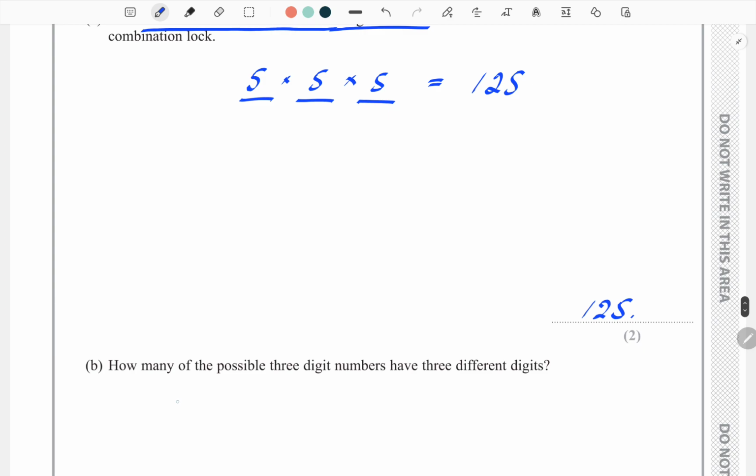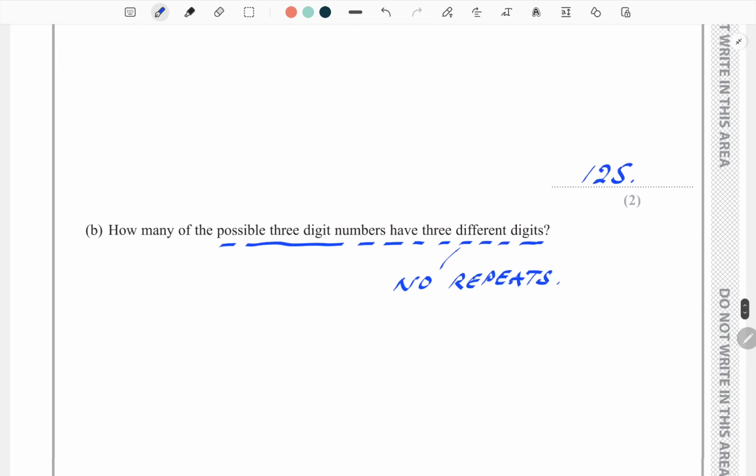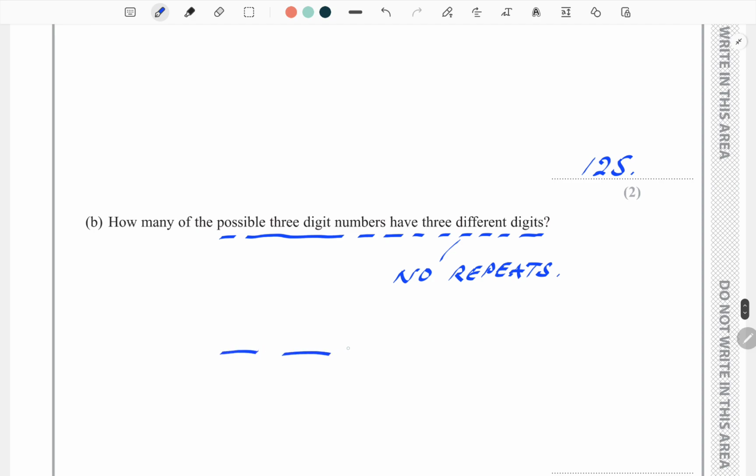Now, the next bit is, how many of the possible 3-digit numbers have 3 different digits? If you're going to have 3 different digits, it means no repeats, or no repetition, if you like. So you can't have the same number twice. Again, if we look at the 3 positions, the first one you can have any number. That's 5. But the second one, whatever you've chosen for the first one, you can't have the same number again.